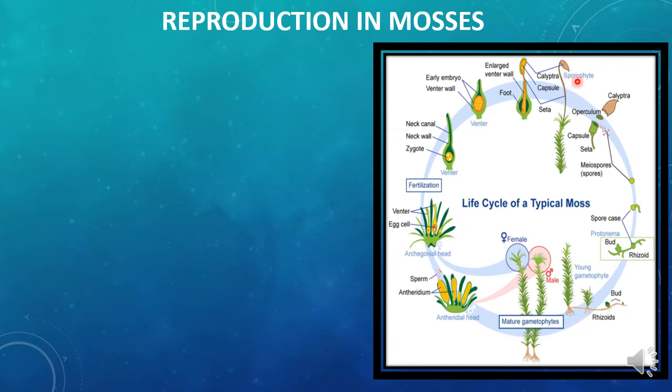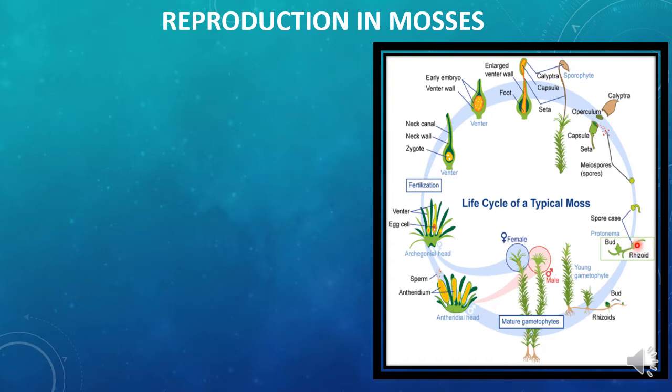The sporophyte undergoes meiosis and forms haploid spores, and these haploid spores on dispersal germinate into the young protonema. Protonema is the juvenile gametophyte.